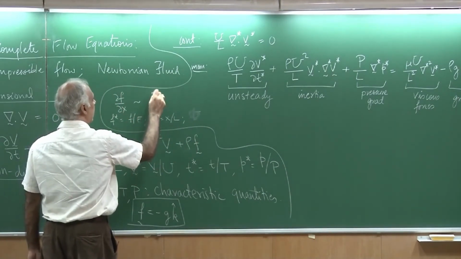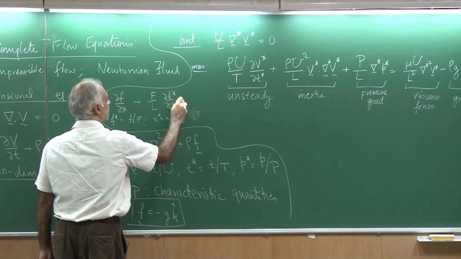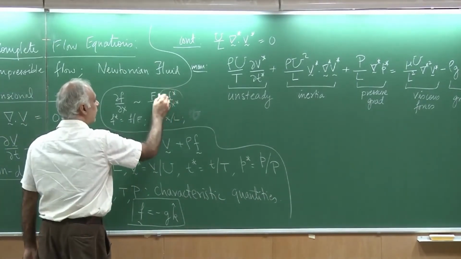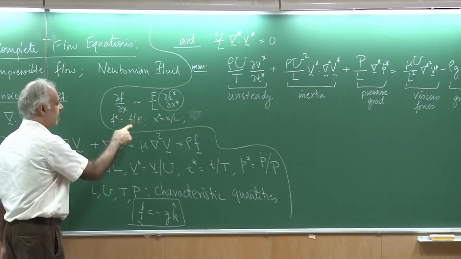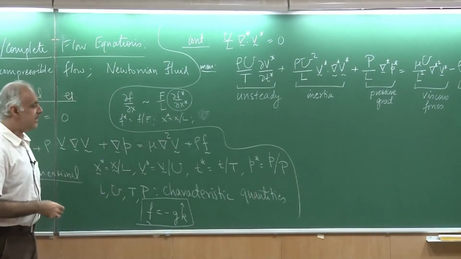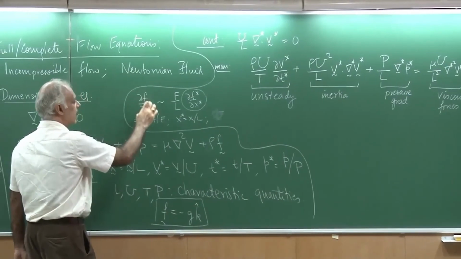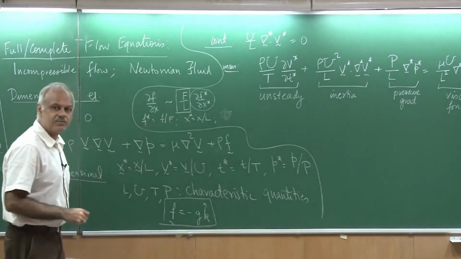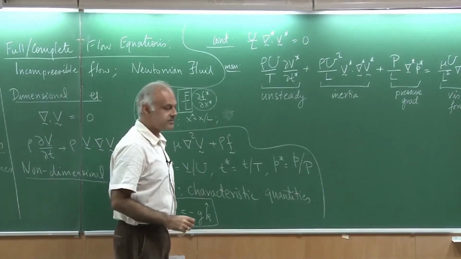I could write this as capital F by capital L, del f star by del x star, using non-dimensionalization. And I could ask myself, what is the order of this term? Well, f star is of the order of 1. It can vary between 0 to 1, at least in magnitude. X star can vary between 0 to 1. Therefore, roughly speaking, the order of this term is 1. And if I wanted to get an order of del f by del x, then actually this is the order of capital F by capital L. Okay? So that's the way we would like to interpret these equations.